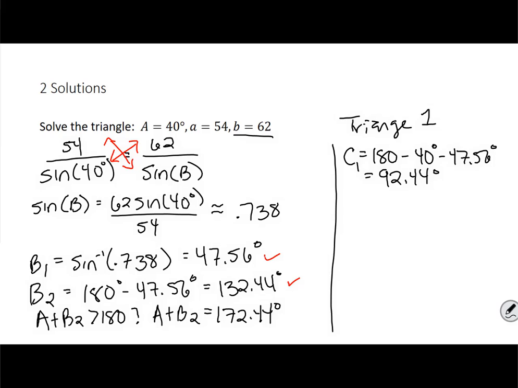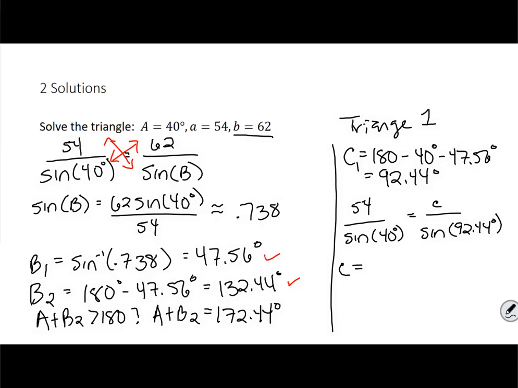So A is 54 divided by sine of angle A, which is 40 degrees, and that equals side C divided by the sine of C1, which is 92.44 degrees.